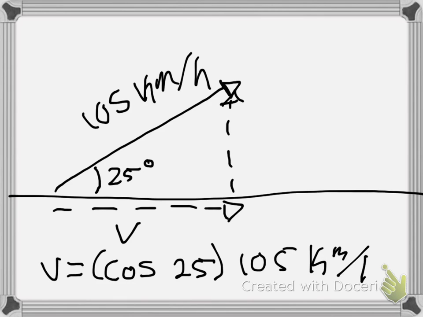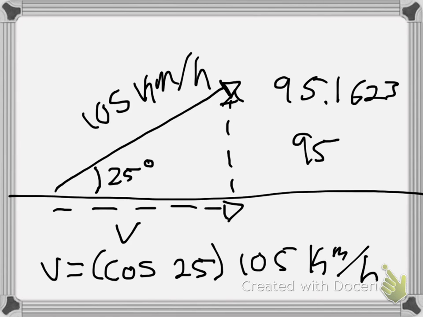That is an S, not an H. If you do the cosine of 25, and then you multiply that by 105, you should come out with 95.1623 whatever, and we need how many significant figures? Any idea? Two. So we should just be at 95 kilometers per hour. There's your answer.